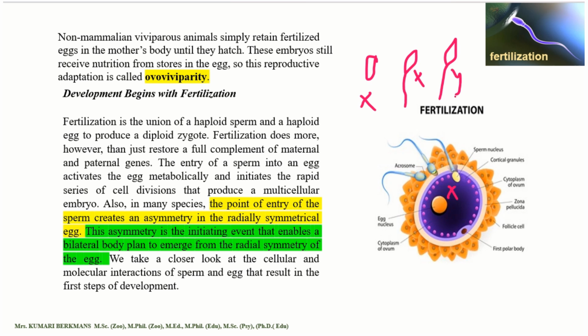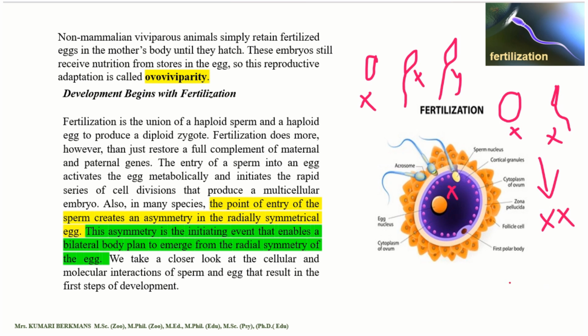If the ovum is fertilized with an X sperm, then the baby is a female baby. The female baby possesses two X chromosomes.